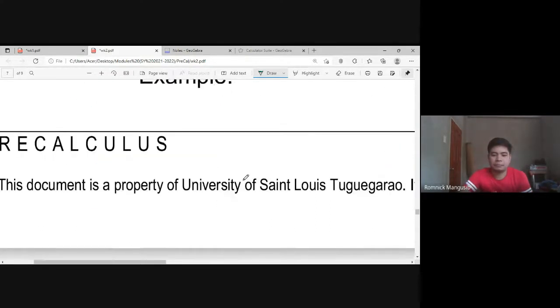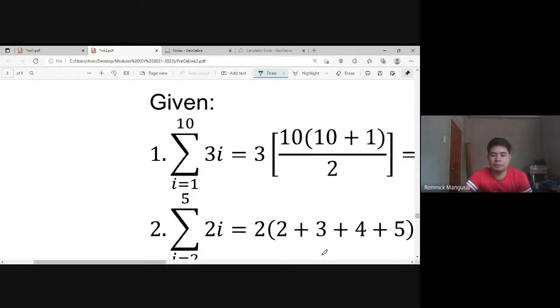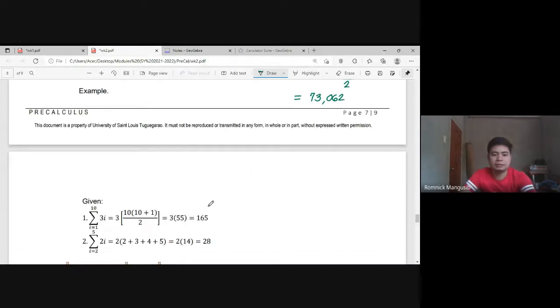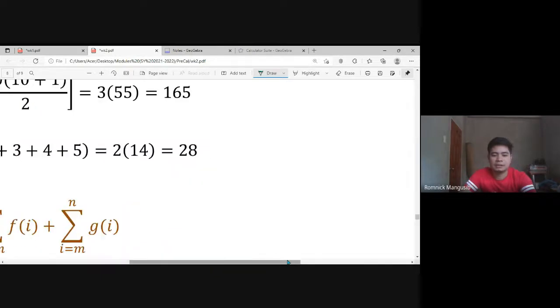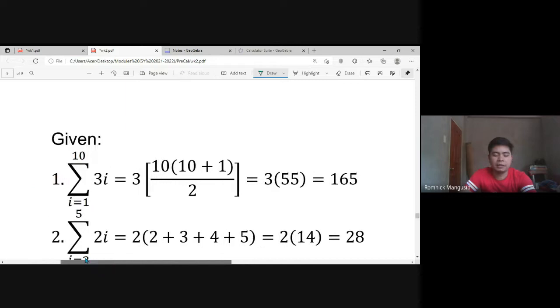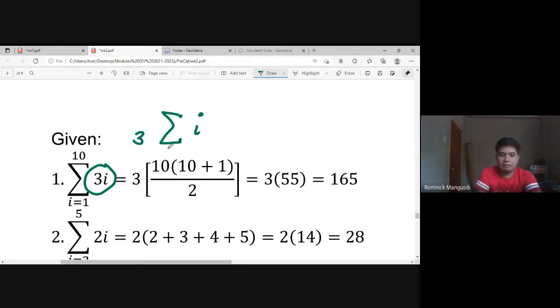Okay? So katulad nitong example, nakikita mo na pwede mag-factor out ang 3i. You can factor this out. So that will become 3 times the summation of I from 1 to 10.